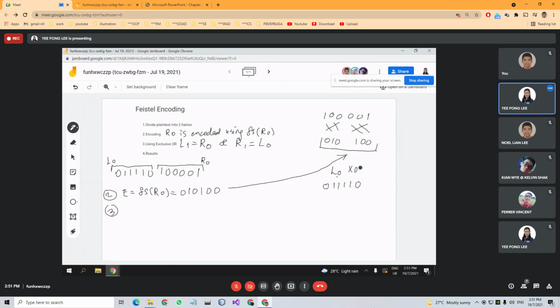Exclusive OR with the encoded value we got just now. Oh, sorry. No wonder I felt a bit weird here.